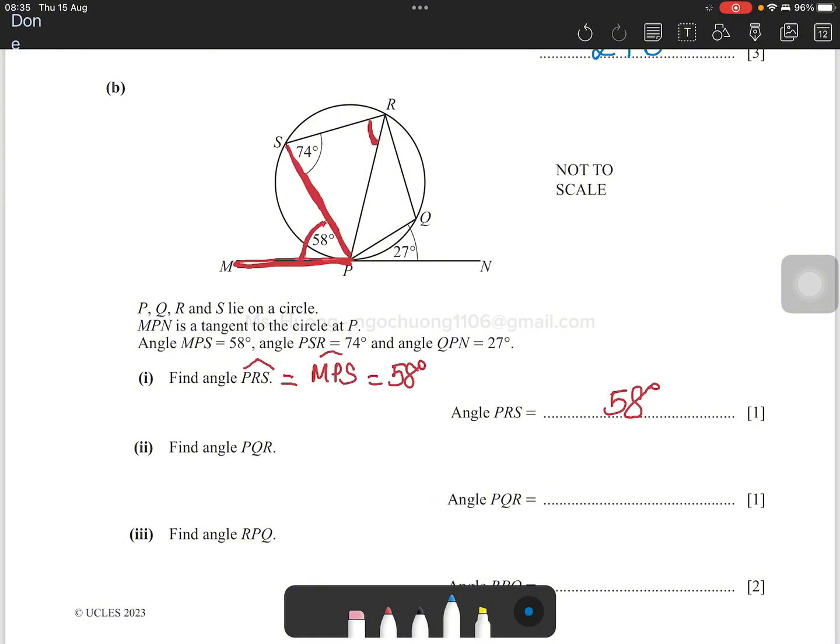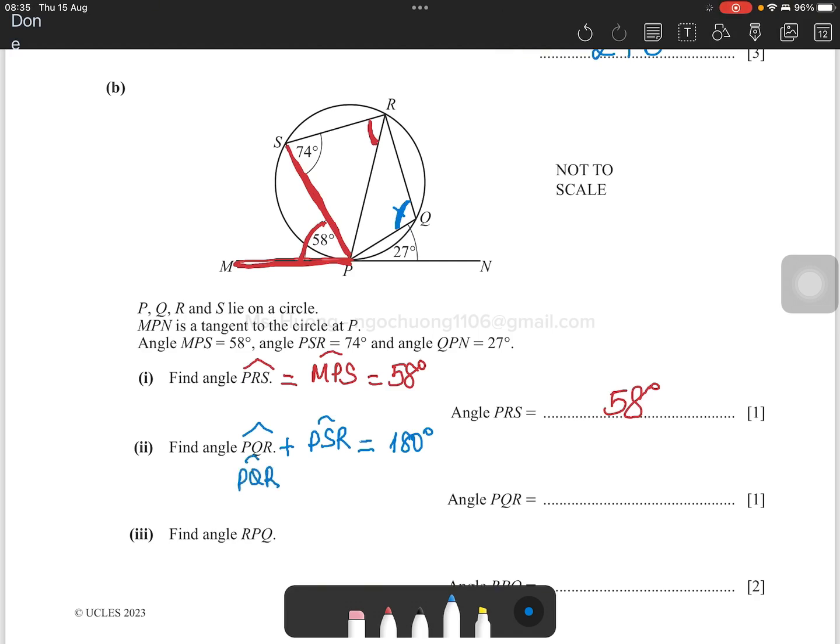Second question, find the angle PQR. PQR is this blue angle. We see that PQR and the angle PSR are the opposite angles in a cyclic quadrilateral. PQRS is a cyclic quadrilateral, so the two opposite angles should add up to 180 degrees.